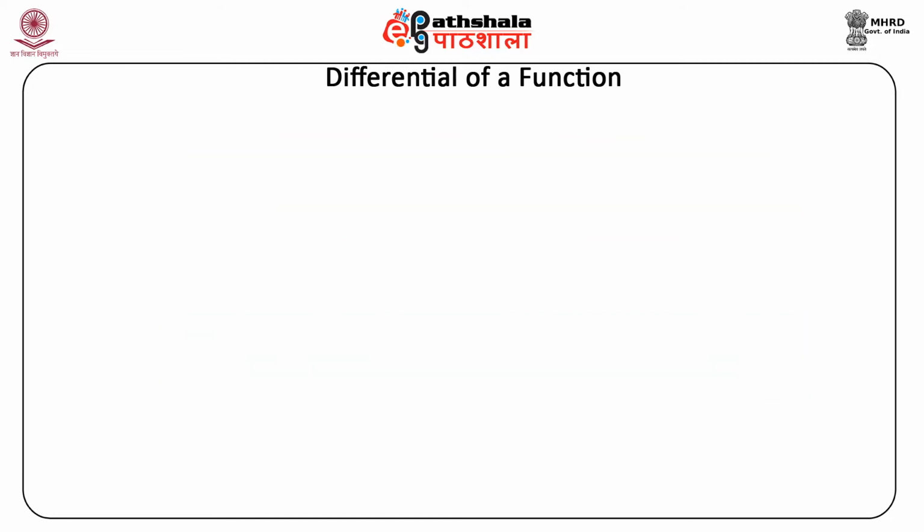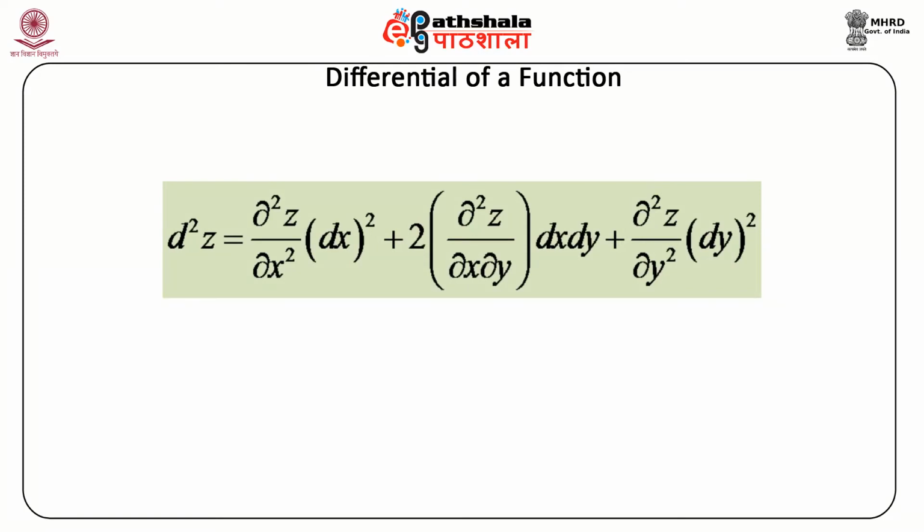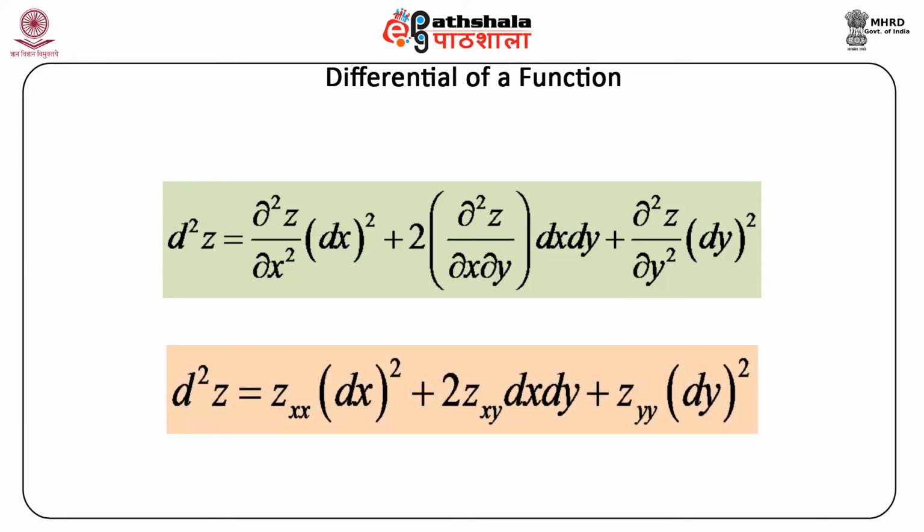Applying Young's theorem, d square z is equal to ∂²z/∂x² into dx square plus 2 into ∂²z/∂x∂y into dx dy plus ∂²z/∂y² into dy square. In simpler notation, d square z is equal to zxx into dx square plus 2zxy into dx dy plus zyy into dy square.